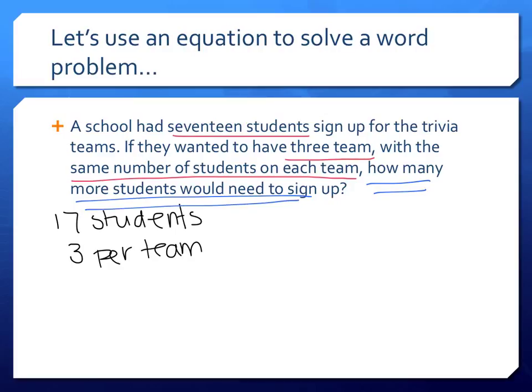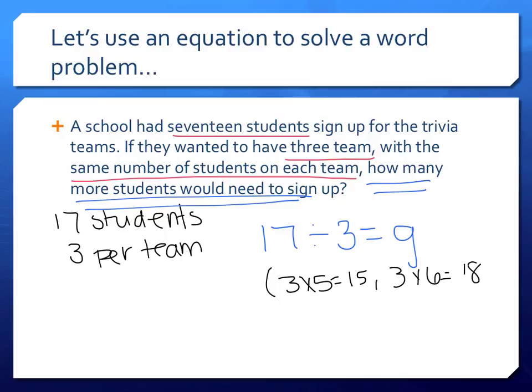So I need to take my 17 students and split them equally into groups of 3. Since I'm going to do groups of 3, I need to divide to find how many groups they can make. 17 divided by 3 is going to tell me the number of groups. 17 divided by 3 actually gives me a remainder, because I know that 3 times 5 is 15 and 3 times 6 is 18.